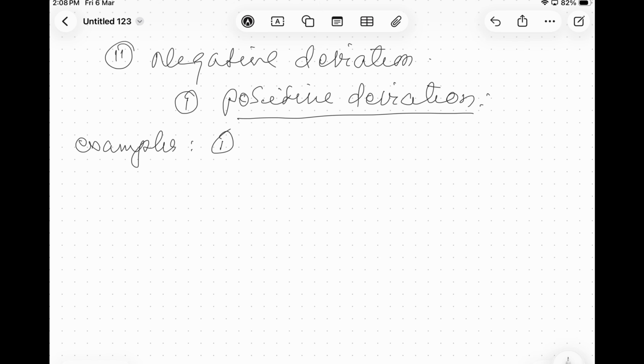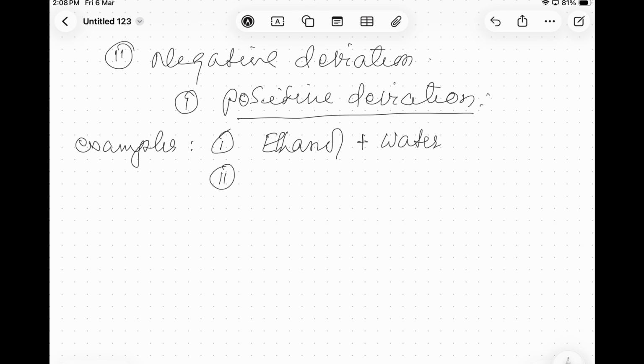Those in which bond between the molecules of two compounds becomes weaker. So if ethanol is mixed with water, the force of attraction between ethanol and water on mixing decreased.